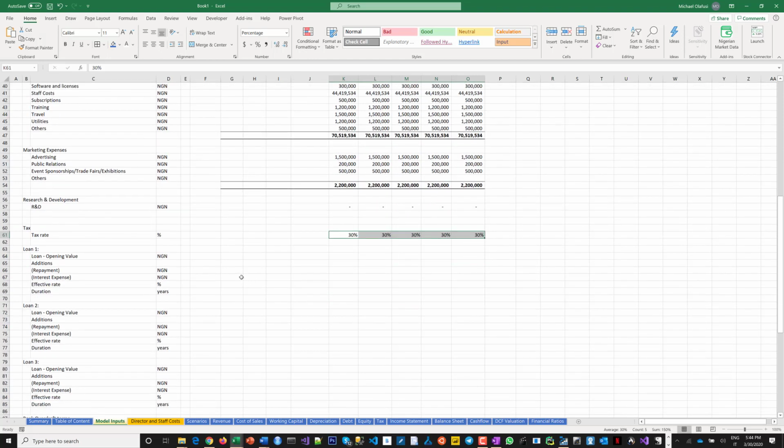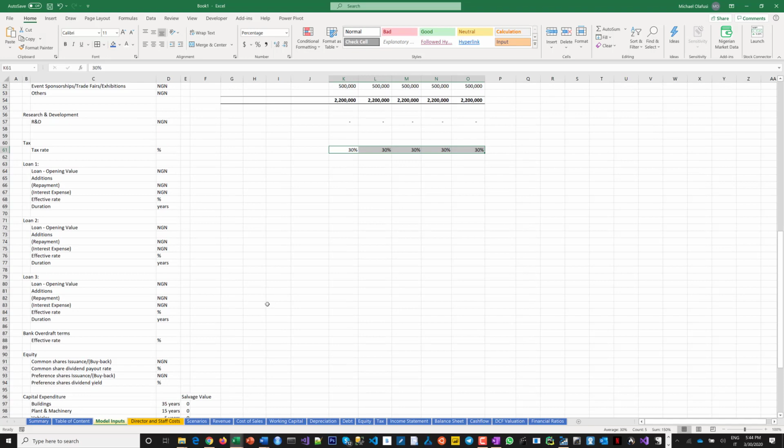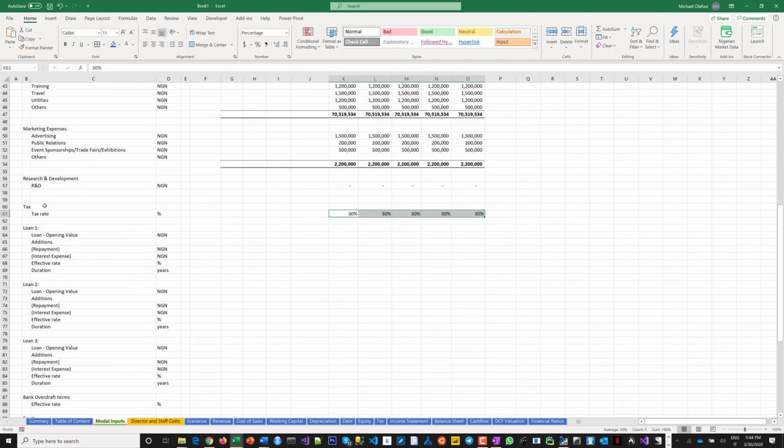For the loan, say the company is going to start with a mixture of equity and loan. So the company plans to take a loan from a bank, ABC, and the bank agrees to give the company a loan.